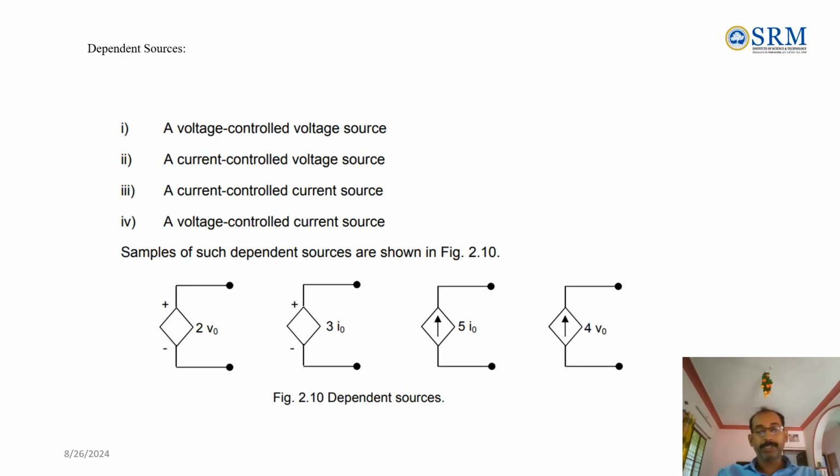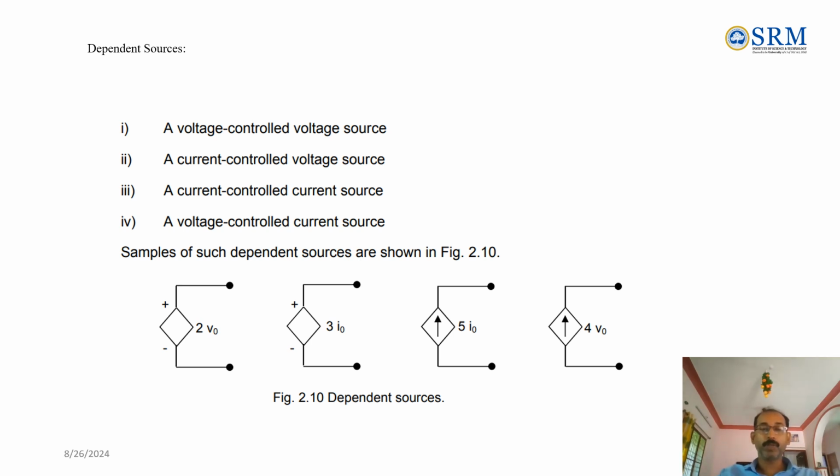Dependent sources: four categories are there. One is the voltage controlled voltage source, the current controlled voltage source, the current controlled current source, and the voltage controlled current source. These are the four different combinations for dependent sources.